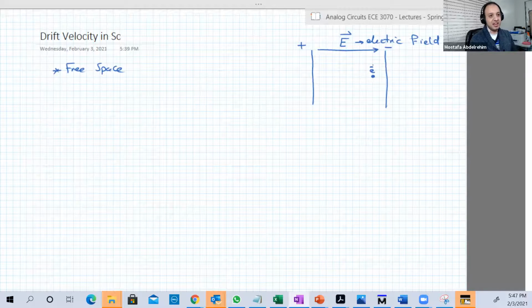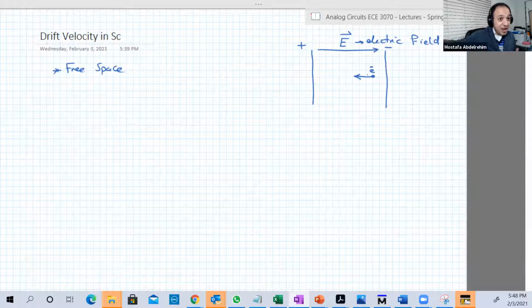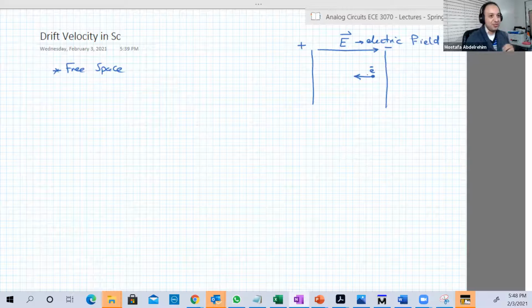What will happen is that this electric field will exert a force on that electron, and this force will make the electron move. Basically the electron will move opposite to the electric field direction, from positive to negative, and we know that the electron moves away from the negative, attracted to the positive. That's why it's opposite. So the electron will move from the negative electrode toward the positive electrode.